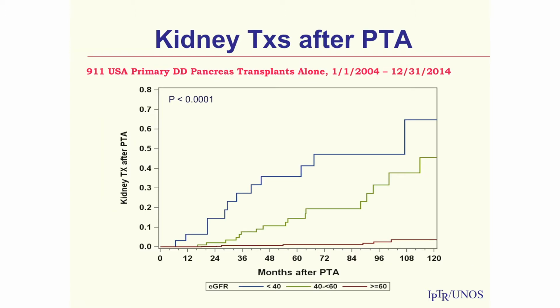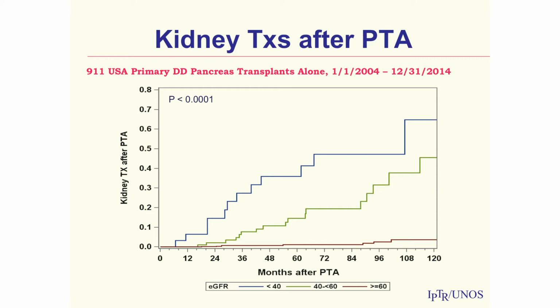But look at this. If we now look at the eGFR of the patient who undergoes a pancreas transplant alone, you see a huge, huge difference. So if we do a pancreas transplant alone in a patient with a GFR of less than 40, the chances of that person requiring a kidney transplant within 10 years after the pancreas transplant is 65%.